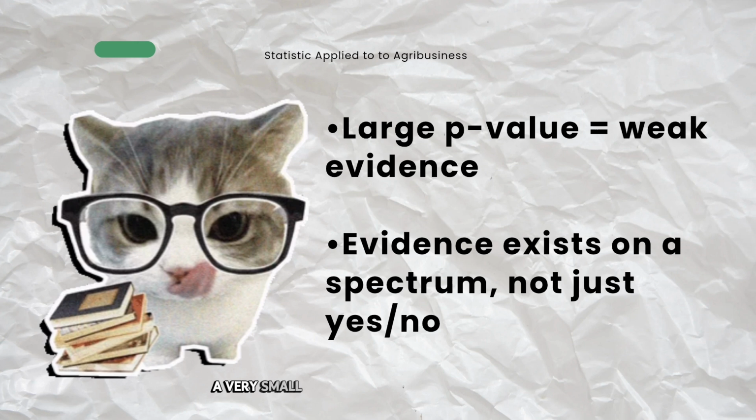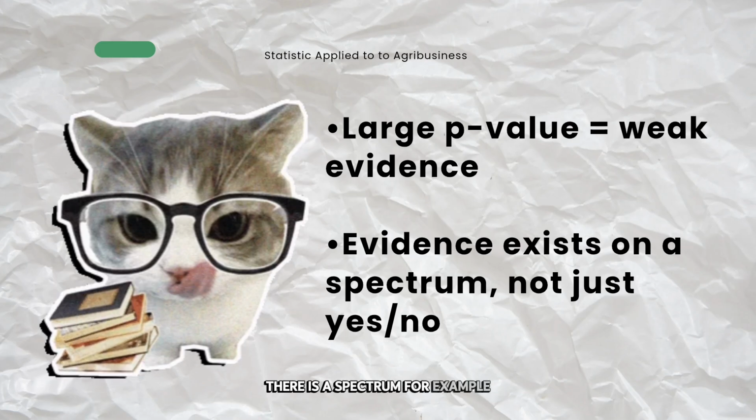A very small p-value indicates strong evidence against the null hypothesis, while a larger p-value suggests weak evidence. However, it is important to understand that evidence is not simply accept or reject. There is a spectrum.